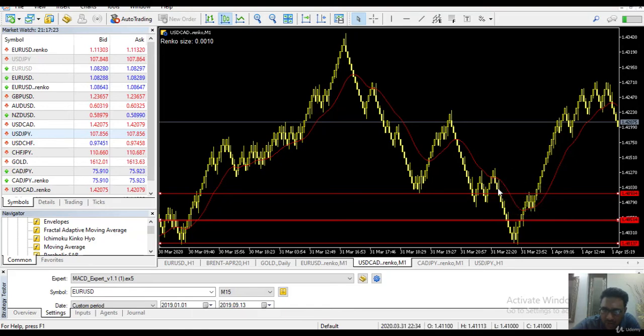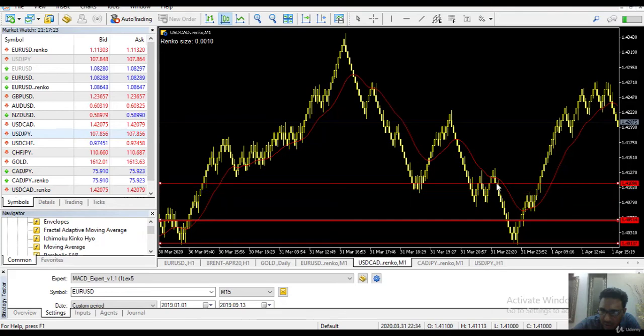But on the downside, just below this area, this is a range, but we have already crossed this area. I wouldn't have taken a sell over here because this is a range, right? It could have reacted and gone straight back up, but the reaction was very small.